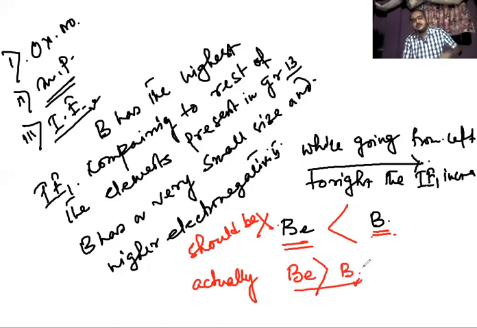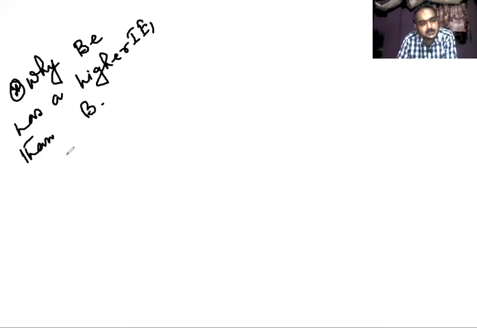This is because there is a very important and a very good explanation about this. So the question comes here: why does beryllium have a higher ionization energy than boron? Here you can see that the electronic configuration of beryllium is ns2. It's an s block element.